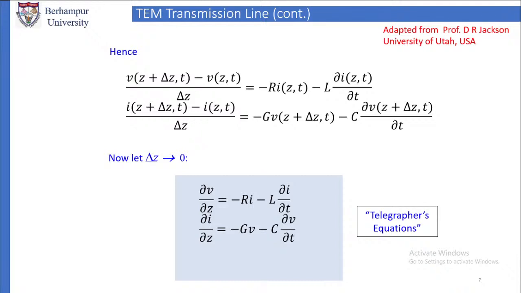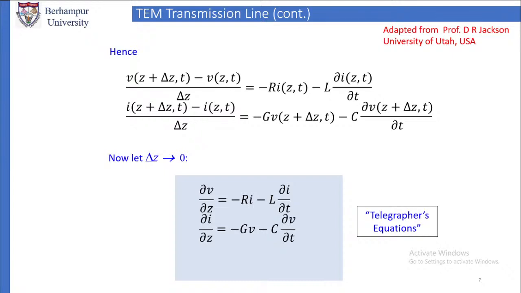Now let us assume that delta Z approaches 0, an infinitesimally small length of the line. When delta Z approaches 0, (V(z+Δz,t) − V(z,t))/Δz will be ∂V/∂z.